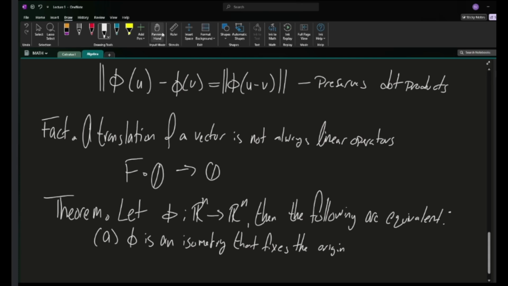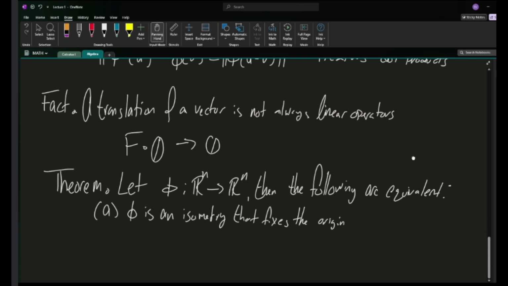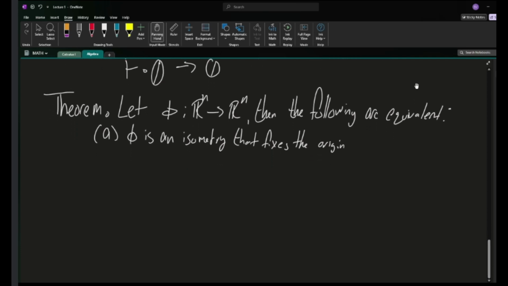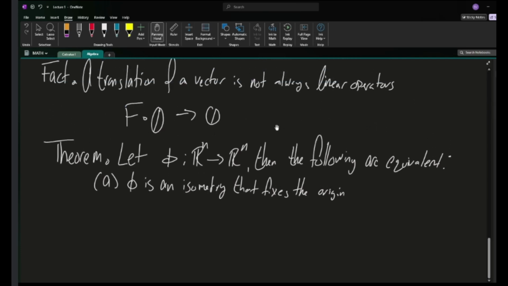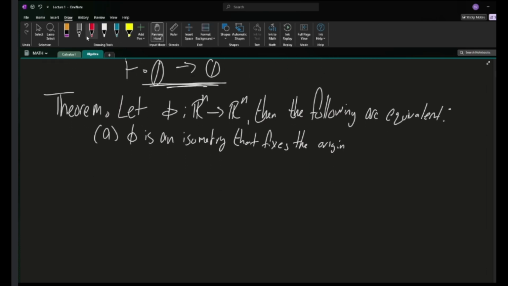And if that hasn't already started buzzing some alarm bells in your head about fixing the origin, since we just talked about how the origin doesn't always go back to the identity itself, it should give us a bit of understanding for the next concept: phi preserves dot products.